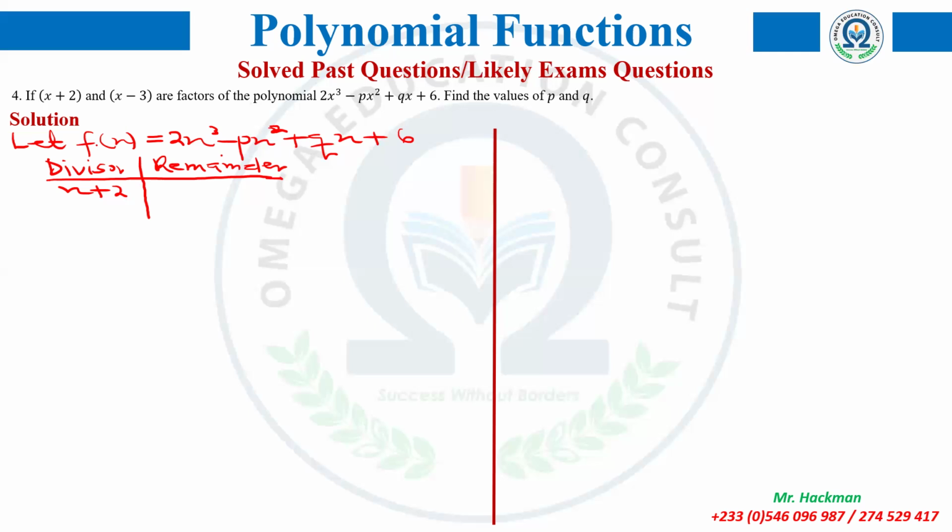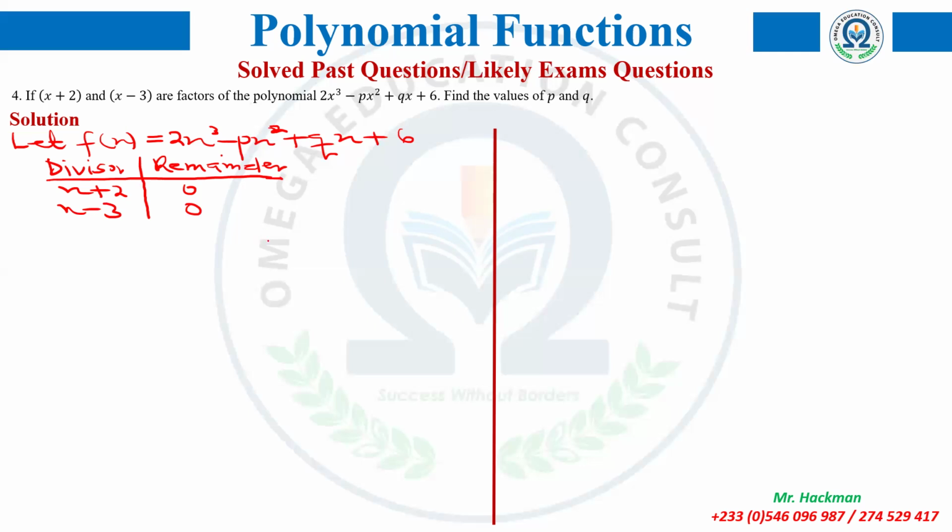Very good, because it is a factor. Then the second one too is a factor, so your divisor x minus 3 equally will give you a remainder of 0. So now, like I said, when your divisor is more than 1 with its corresponding remainders, either given directly or indirectly, with this one the remainders were not given directly, but indirectly you knew that once it's a factor, the remainders will be 0.